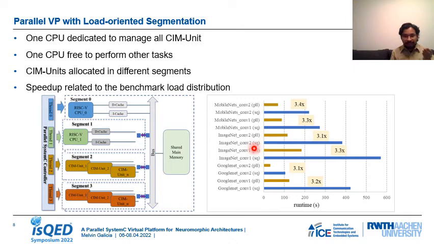Because when we analyze the instructions that we're executing inside our virtual platform, we found out that segment 0, this CPU, is not doing much. We could have assigned another type of load, but it's not doing much. So accelerating segment 0 does not really improve the main workload that is happening between segment 1 and segment 3. And that is something that needs to be taken into consideration when breaking down the virtual platform.